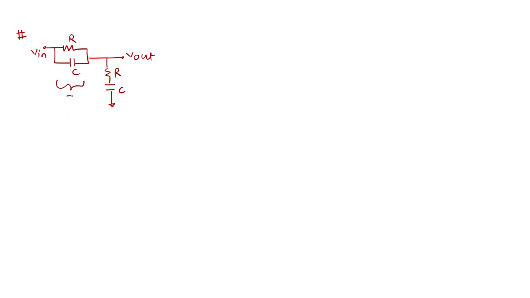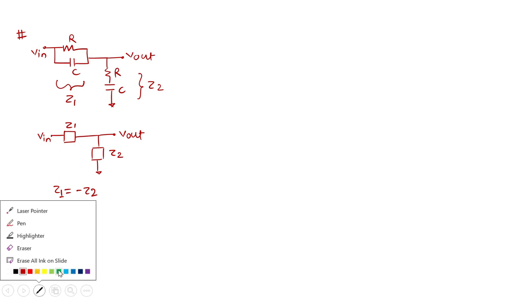This I will consider as Z1 and this I will consider as Z2. So overall I can reduce my diagram again to Z1 and Z2. We'll again make the Z1 equal to minus Z2 condition hold, and we can find the poles. The same thing we'll apply directly to this particular diagram.